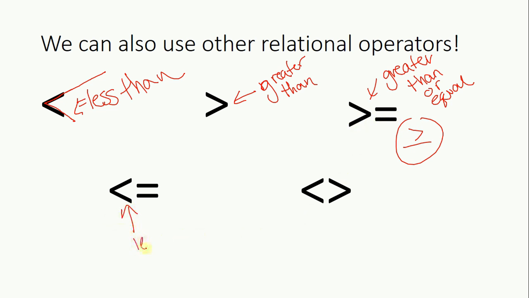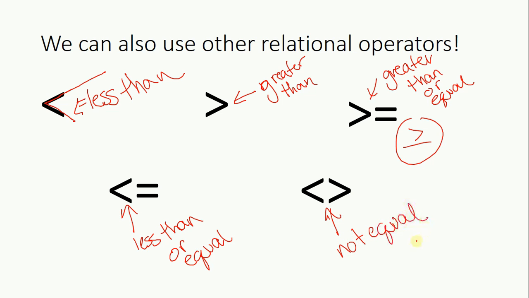This is less than or equal to. And then this is not equal. So this would be checking for, as long as the numbers aren't equal, have this run. So as long as it's not equal to 5, we're okay. Something like that. In math, you might see it as that sign, not equal to.